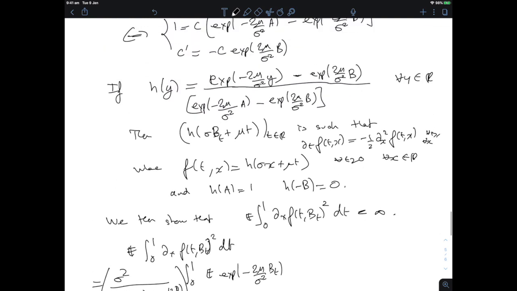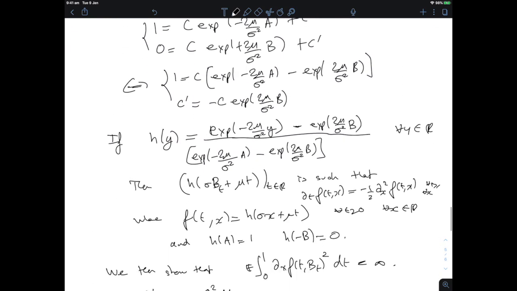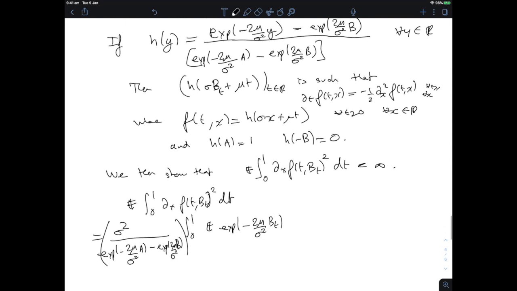Is that right? What was my h prime? My h prime, okay, I differentiate that and I plug in not bt but sigma bt plus mu t, okay, and then this is squared, so you pick up a 4, and then because you've differentiated, you pick up a 4 mu squared over sigma squared, which, okay, the sigma squared here cancel, and you get a 4 mu squared in here.